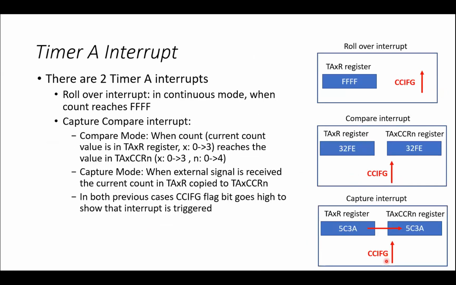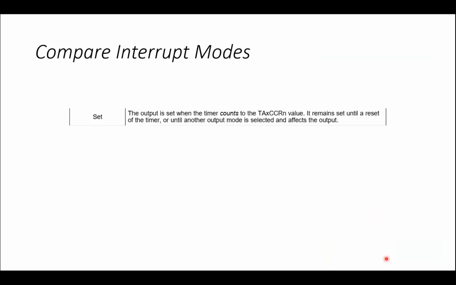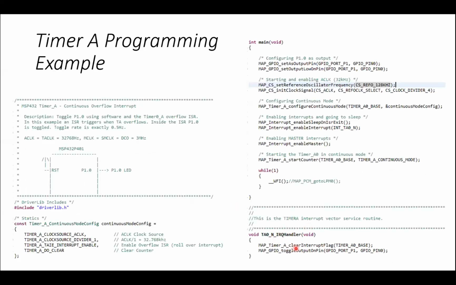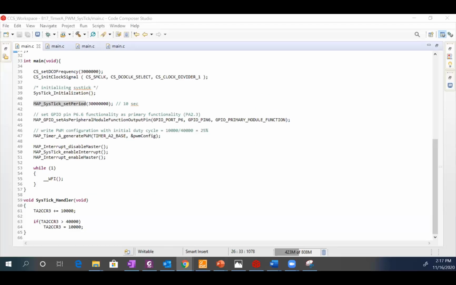I said that there is a bit called CCIFG that will go to 1 whenever you have an interrupt. So you must clear it whenever you go to the interrupt service. If you didn't clear it, it will kick all the time. It will not look at the timer, it will just kick all the time.